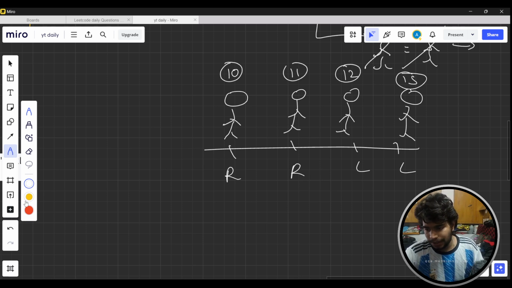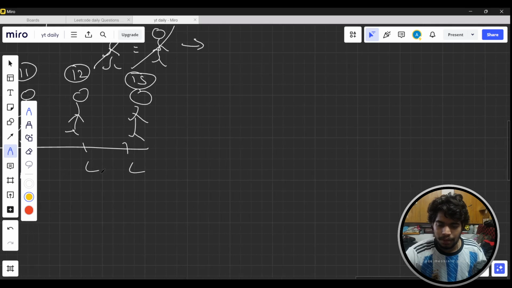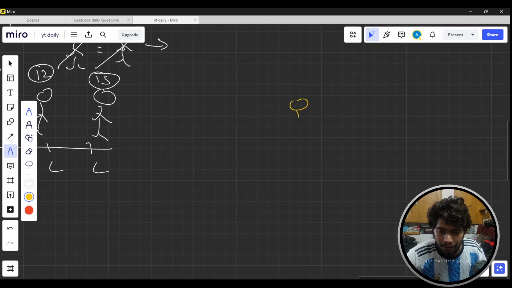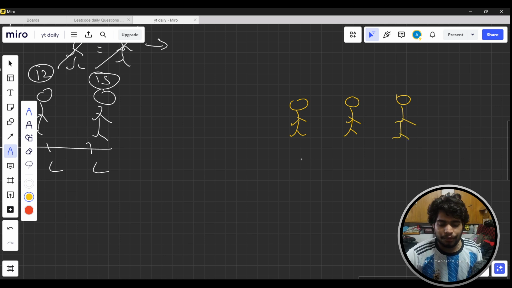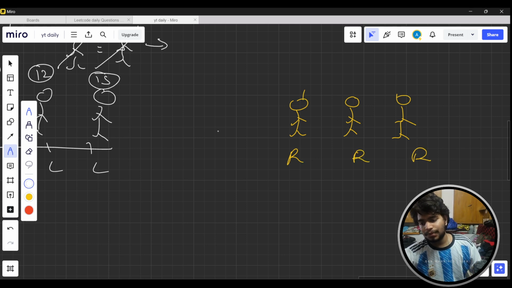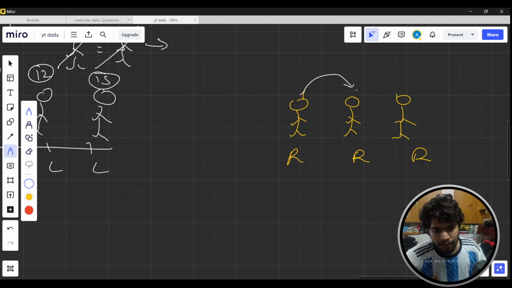Let's say I have this robot, this robot, this robot, and everyone is moving in the right direction. Simultaneously, the next position of this robot will be this, for this, and for this.